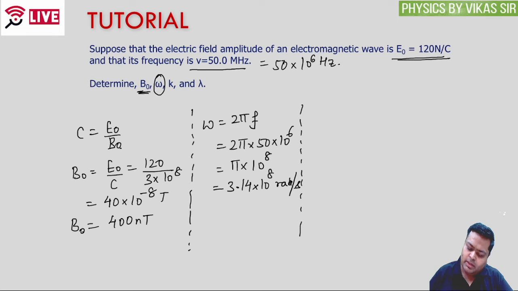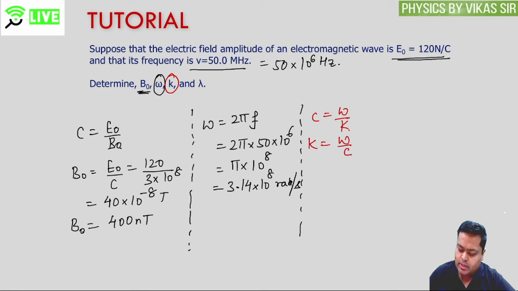Now move on to the third part, which says to calculate K. How do I calculate K? K can be easily calculated since C is equal to omega by K. The speed of the wave is simply equal to omega by K, so K becomes omega upon C. Omega we have just calculated, 3.14 × 10^8, divided by C, which is known to us, 3 × 10^8.